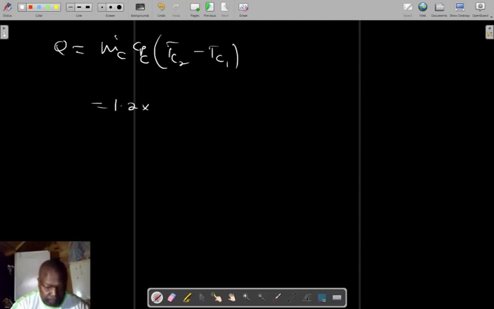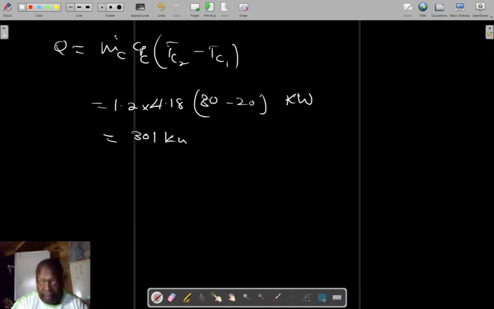Now Q is equal to mass flow rate of the cold, Cp cold, Tc2 minus Tc1, which is equal to 1.2 times 4.18 times 80 minus 20, and because Cp is in kilo, the answer will be in kilowatts, and that is equal to 301 kilowatts.